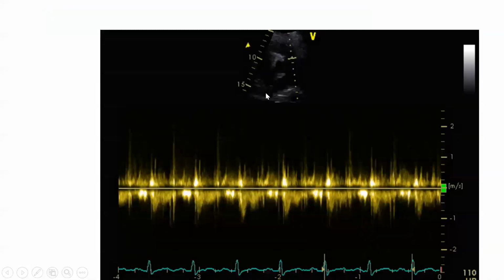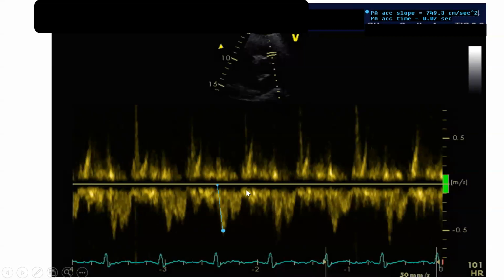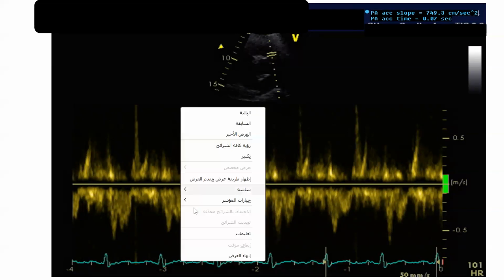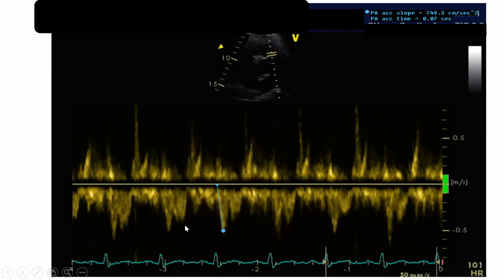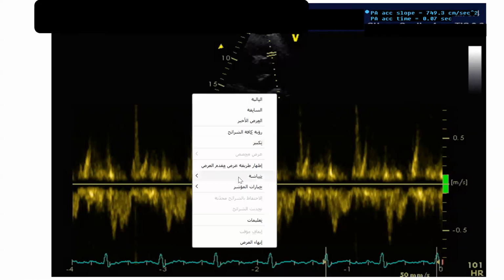Here the continuous wave Doppler in the RVOT shows a notch. Also by pulsed wave Doppler, the acceleration time is short, around 70 milliseconds, and there is a notch during systole indicating high pulmonary artery systolic pressure.